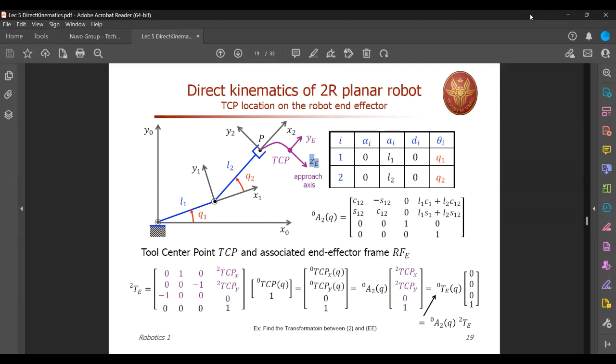So I can see that if you rotate frame 2 here around x-axis by 90 degrees, followed by another rotation around z-axis by minus 90 degrees, you get the same orientation, right, as you see here in the end effector.